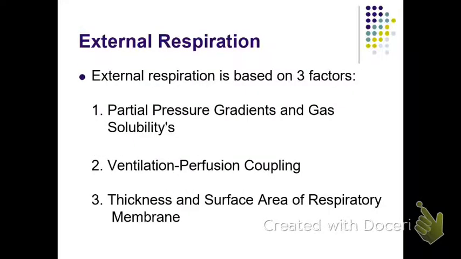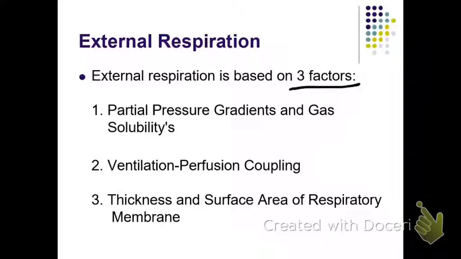The external respiration is based on three very important factors, and that will be the partial pressure gradients and gas solubilities. And so we know that gases have to diffuse from high to low partial pressure, and this occurs between the lung and the blood, and also the blood and the tissues.